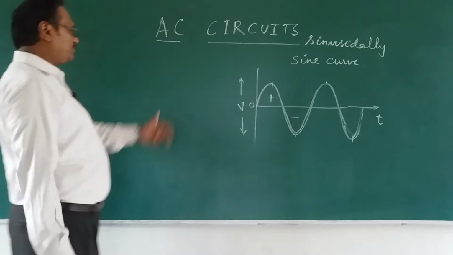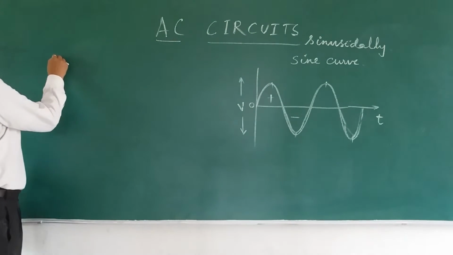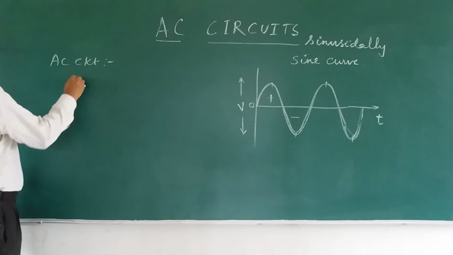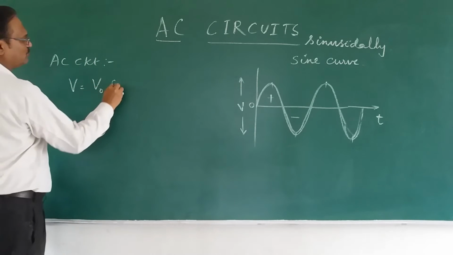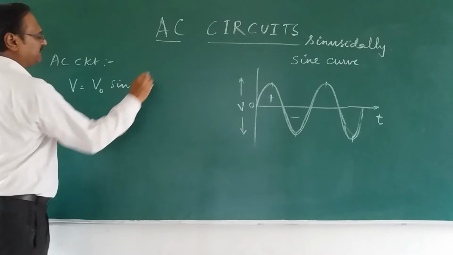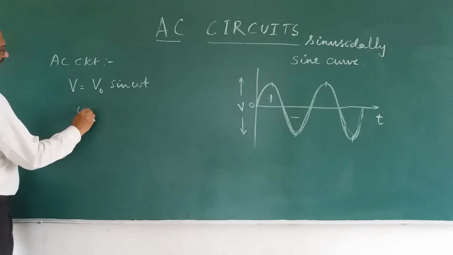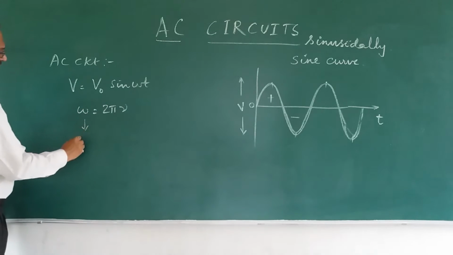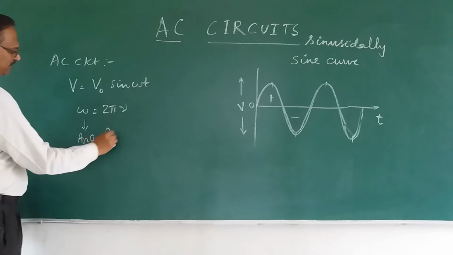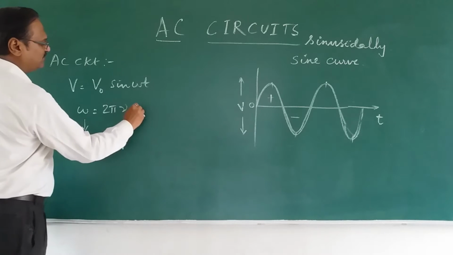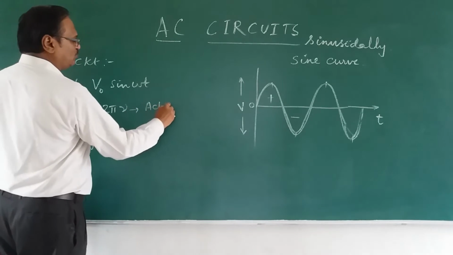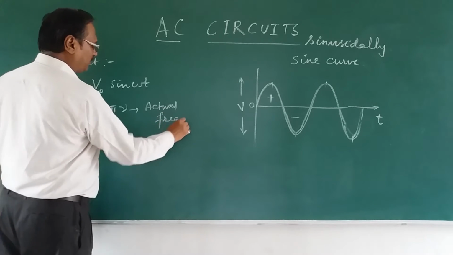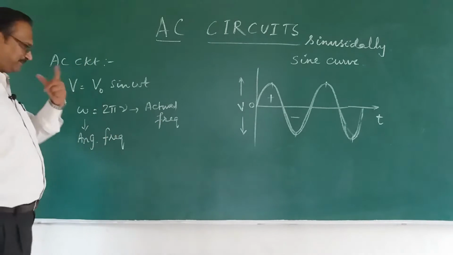So what is the potential difference V for an AC circuit? For an AC circuit, we will have V is equal to V0 sine omega t, where omega is equal to 2 pi nu. Omega is called angular frequency and nu is the actual or natural frequency. These are very important points which we have to keep in mind.